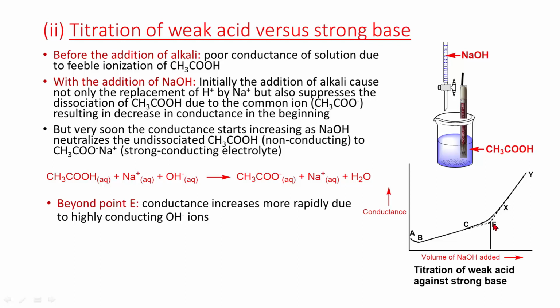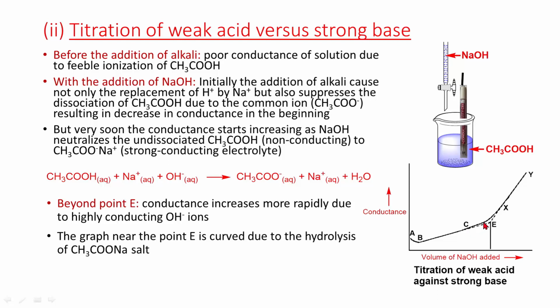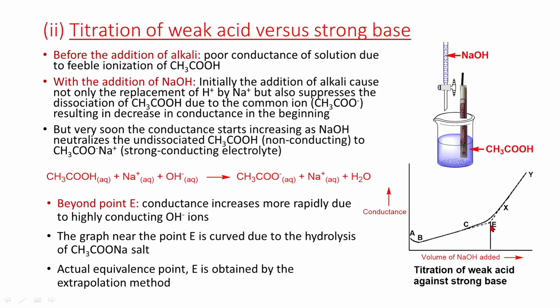Beyond the equivalence point, conductance increases more rapidly due to highly conducting OH- ions. The graph near the equivalence point is curved due to hydrolysis of sodium acetate salt. The actual equivalence point E is obtained by extrapolating these two lines.